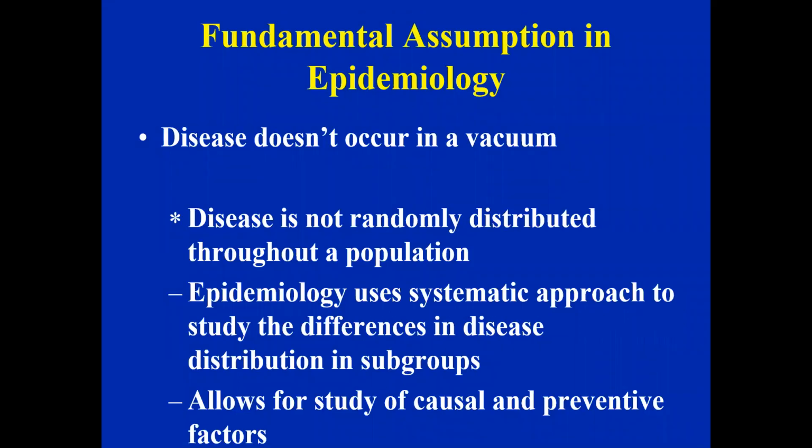And by epidemiology, we are doing a systematic approach to study the difference in distribution of disease in subgroups. If you're not systematic, you will not be able to pick these differences. So it also allows us to study causal and preventative factors.